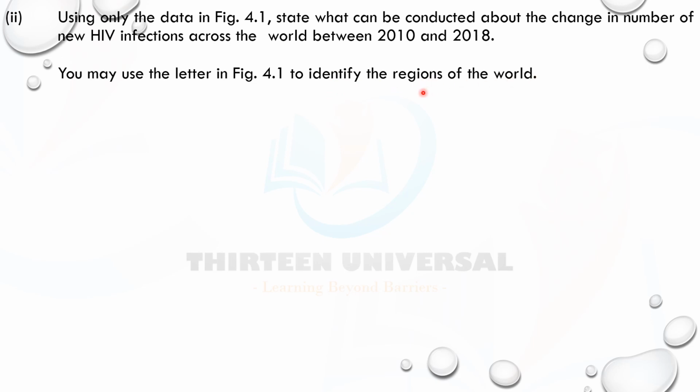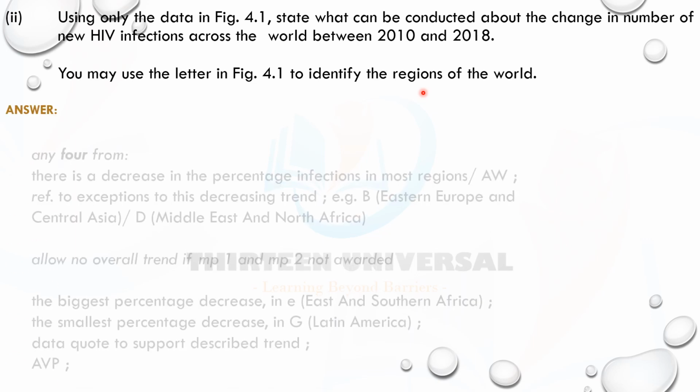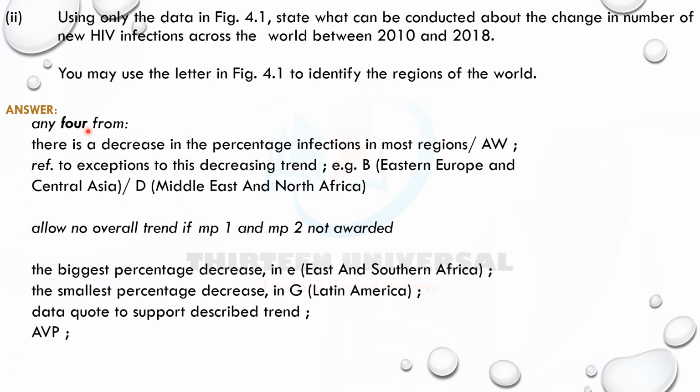Like we mentioned, we have answered this question, but you can pause it and try it. Most of them have decreased, and some of them have increased. There's a decreasing trend in most regions, except Eastern Europe, where there's an increase, and the Middle East. There's no overall trend: most of them decrease, some of them increase.